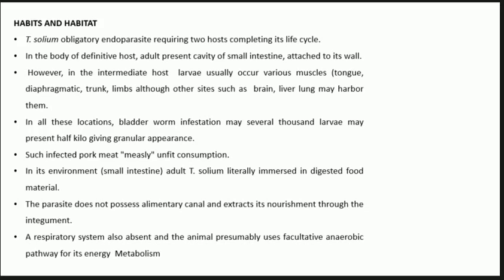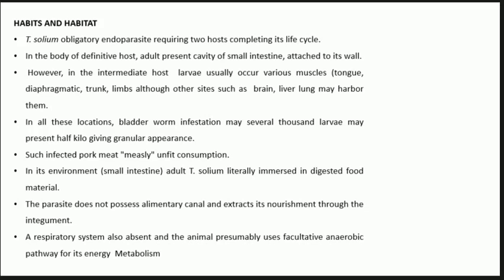So here, in the body of the definitive host, the adult, that is Taenia solium, is present only in the cavity of the small intestine, attached to its wall. Ascaris and Entamoeba histolytica, we have seen, are present in the large intestine. Here in this case it is present in the cavity of the small intestine, attached to its wall.